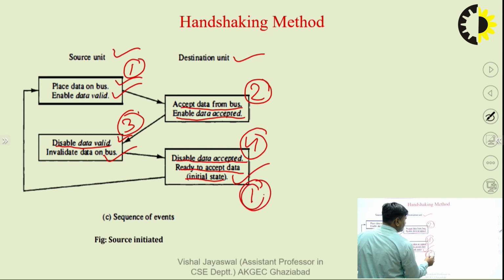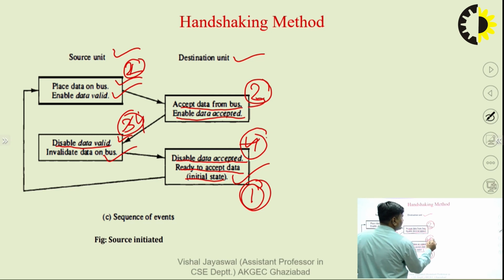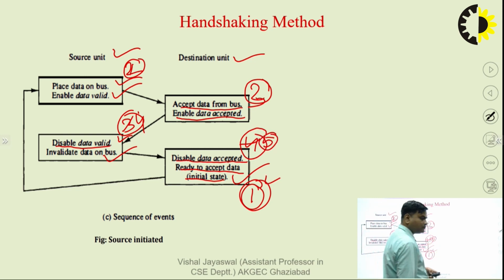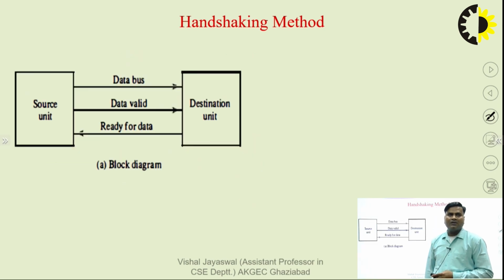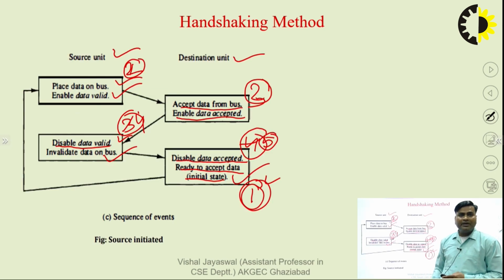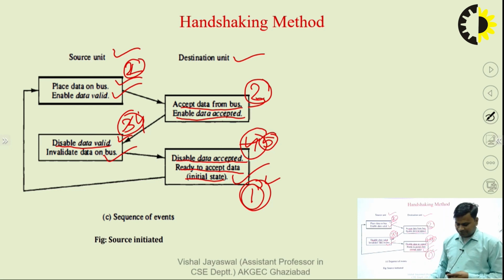This is the first point, this is the second point, this is the third point, this is the fourth, and this is the fifth point, or we can say that this is the first point again. This is the sequence of events for the handshaking method in the source initiated case. And we say source initiated because the source enables the data valid line.